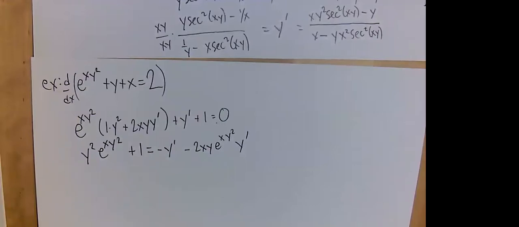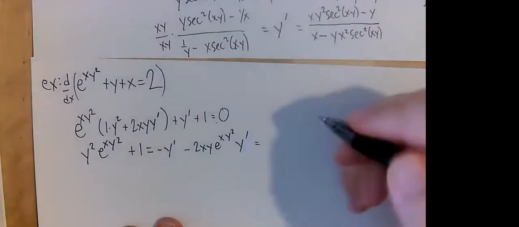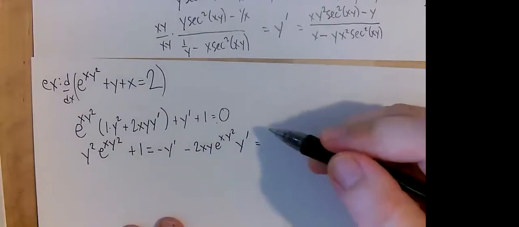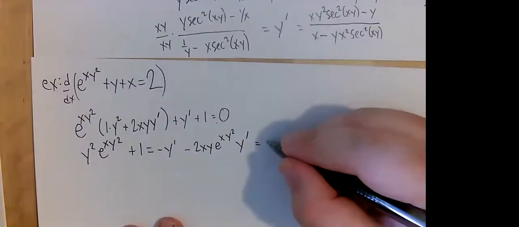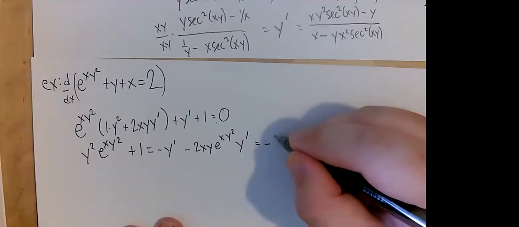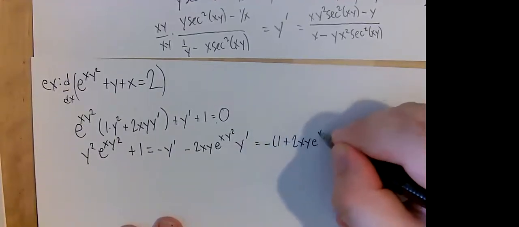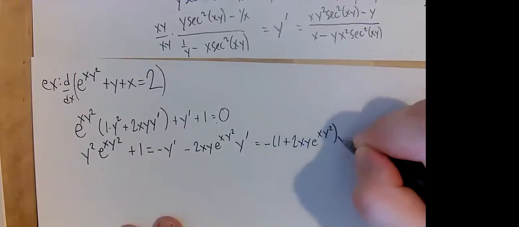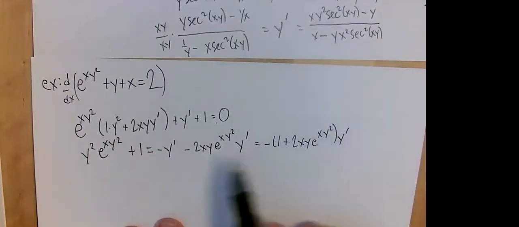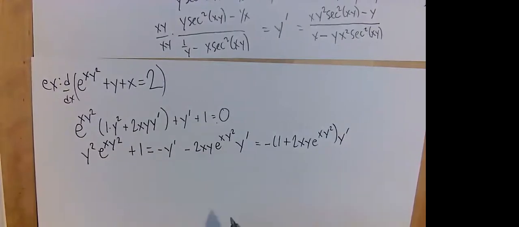Okay, now just like before, our whole goal in doing this is to have a y prime in every term so we can factor. So this will factor into being negative 1 plus 2xy e to the xy squared y prime. And I pulled the negative out of both of these.